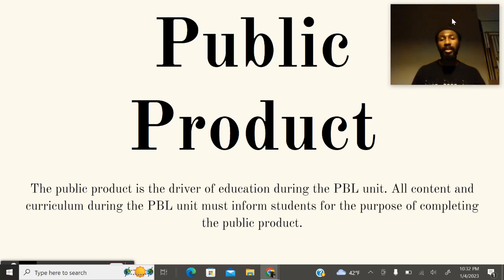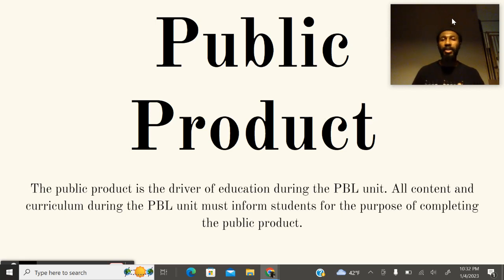Now, this can be a challenge to us as educators, teachers, people who are excited about our content areas. I can tell you as a physics teacher, there is a lot of information that I think is important for students to know as it relates to physics.